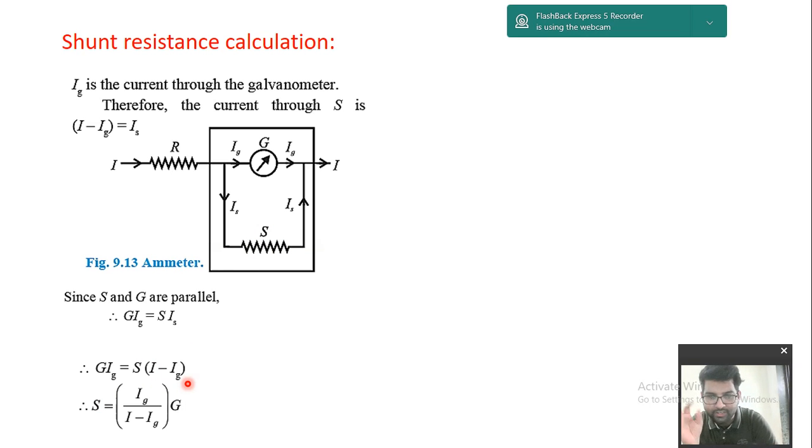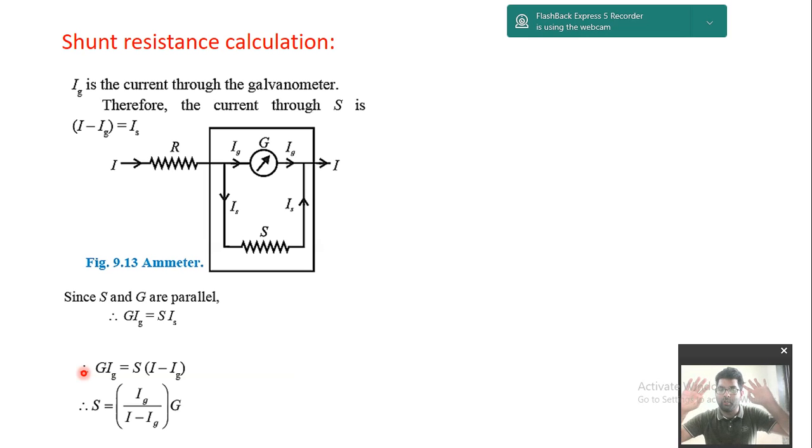Now you will ask how it is acting as an ammeter. If you know the value of the shunt resistance that you have connected, and you know the value of the galvanometer resistance, because these are standard things, and I already said that Ig is the full deflection current of the galvanometer, that is, when the galvanometer is fully deflected, what current it can take.